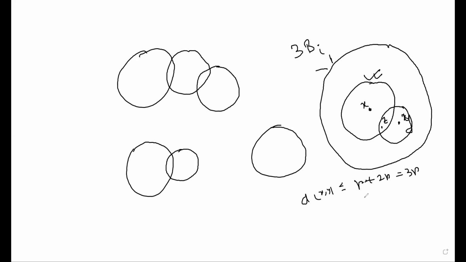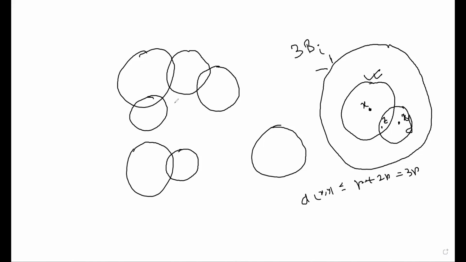So it's 3r. Just the basic triangle inequality. Similarly, all the balls which have a non-empty intersection with the ball I have chosen with the largest radius can be covered by 3 times the ball I have started with.